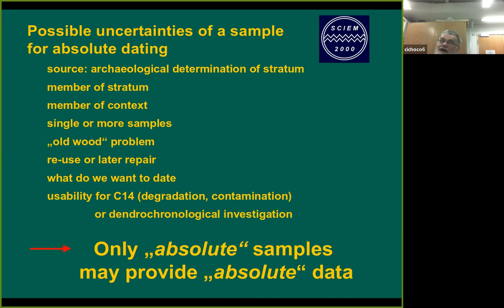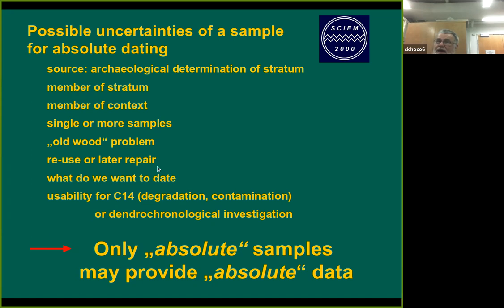So there are possibilities of an intrusion, of reworking. There are, of course, if you have small charcoal samples, you don't know whether the sample is coming from the inside or the outside of the stem, which is this so-called old wood problem. So even if it's the real piece of wood, the date is too old.